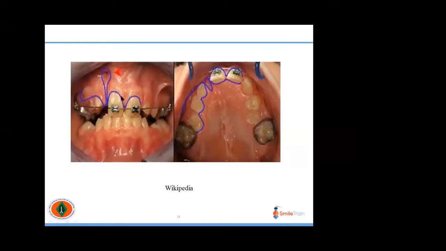Now, exposure of the cleft area. One thing that we carry out, and this is the nasal floor, is that we make sure that all the nasal floor is reconstructed.